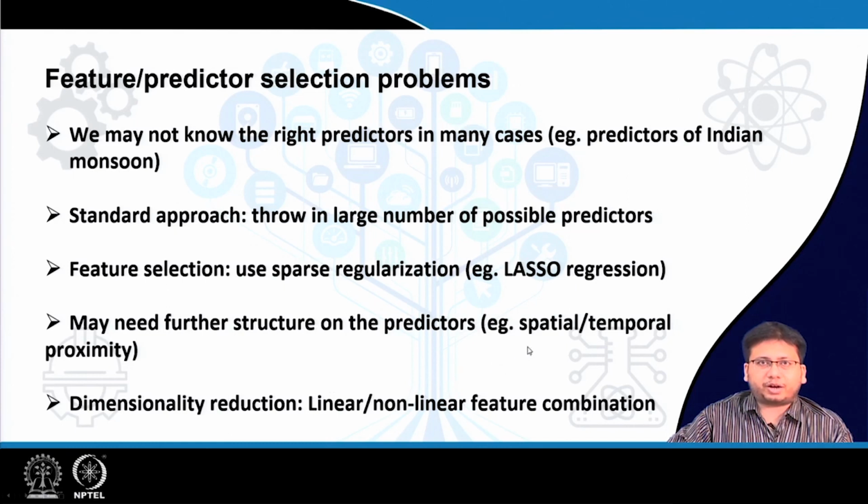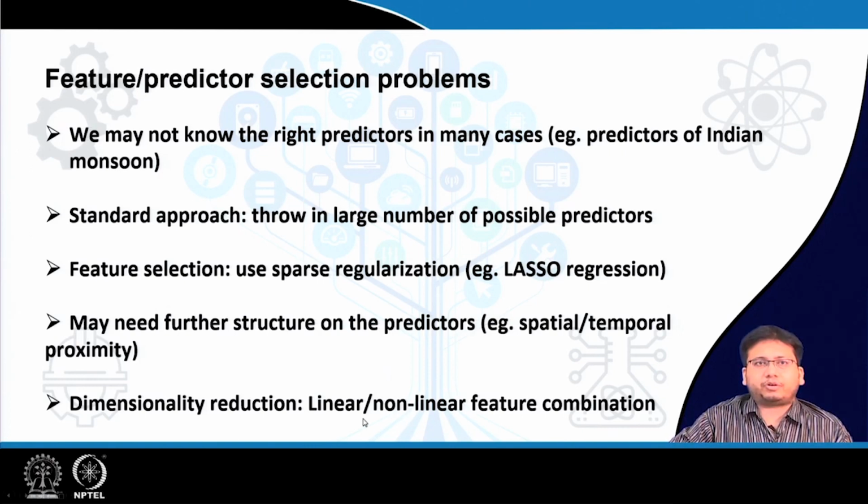That is, we may want some kind of spatial or temporal proximity as a structure on the predictors that are actually selected in this feature selection problem. That requires us to build more sophisticated regularization functions beyond sparsity. So, there are elastic net regularizers and so on, which try to impose these kinds of constraints, and they have been used in earth system sciences.